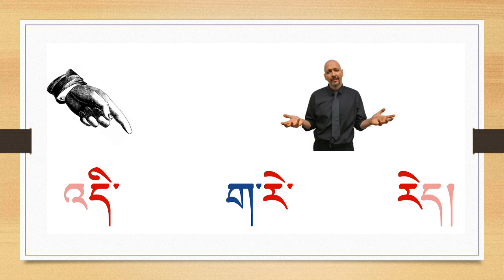The normal order of a Tibetan sentence always ends with the auxiliary. If you have a verb, it's just before the auxiliary. And then the subject and object, more commonly they are in that order, subject, object, but not always.